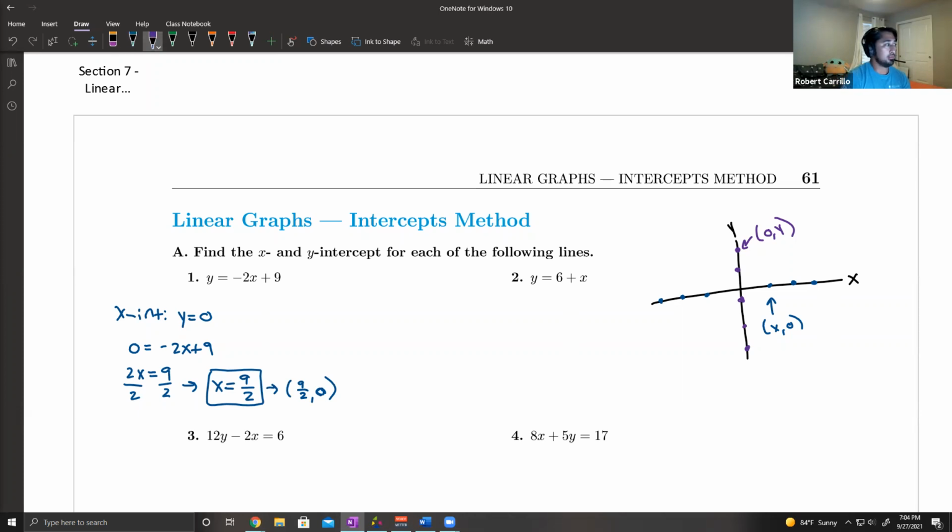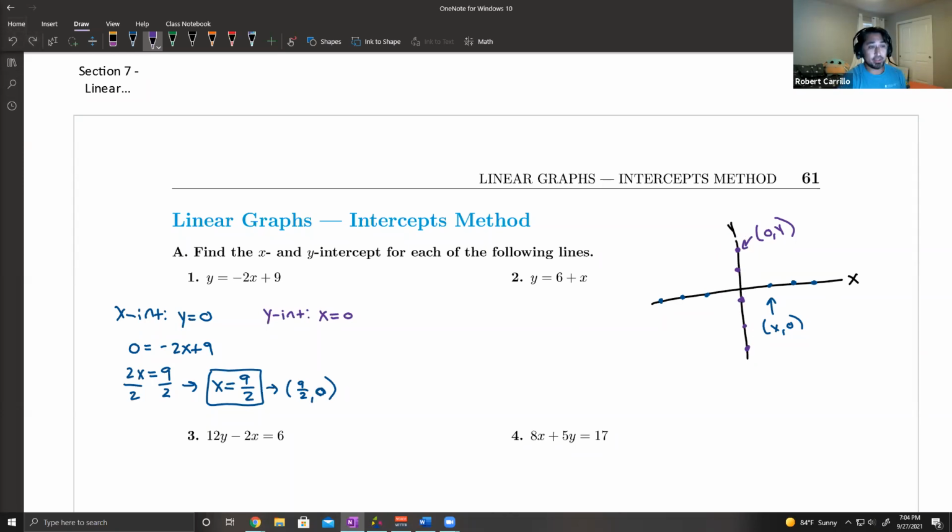Now, for the Y-intercept, you would let X equal 0. And once again, since you're solving for a Y-intercept, all your Y-intercepts lie on the Y-axis, meaning X is always 0. So this is why we let X equal 0.